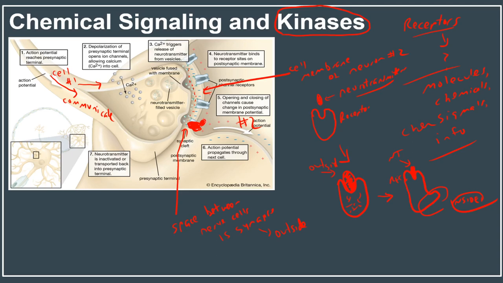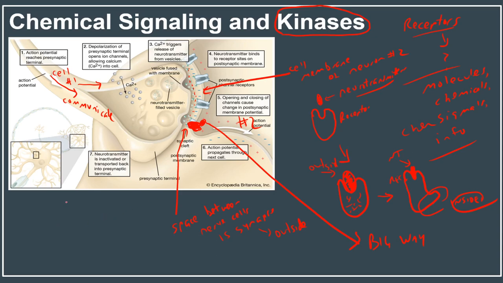This change, this little foot sticking out, has to be communicated in a big way to the inside of the cell to be meaningful, to really lead to a change in what that cell is going to do, or to lead to a response in what neuron number 2 is going to do now that neuron number 1 tried to talk to it.